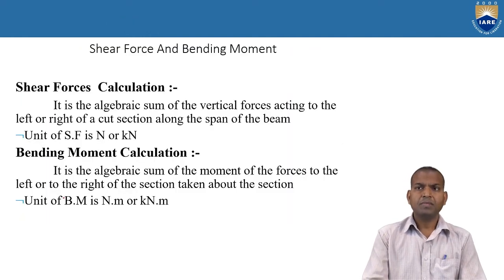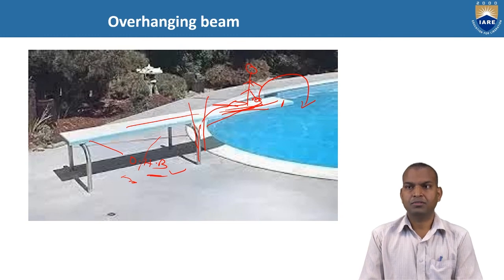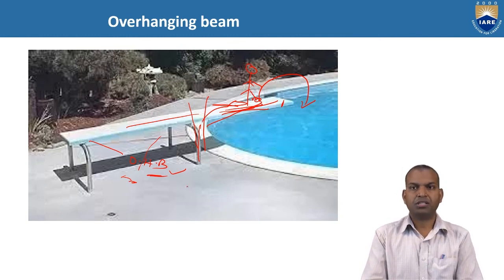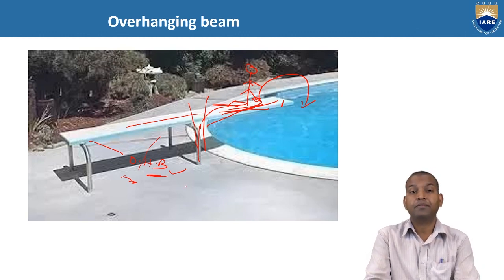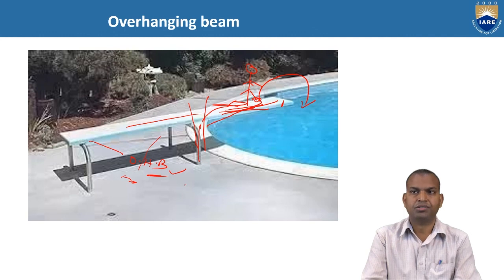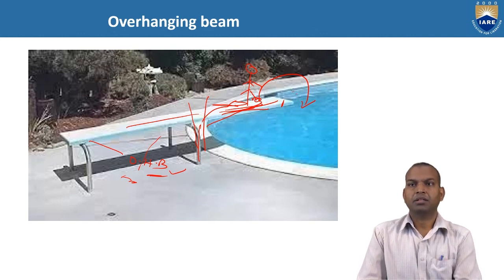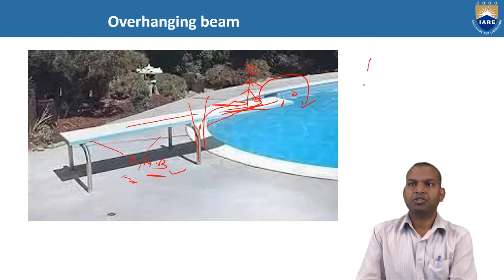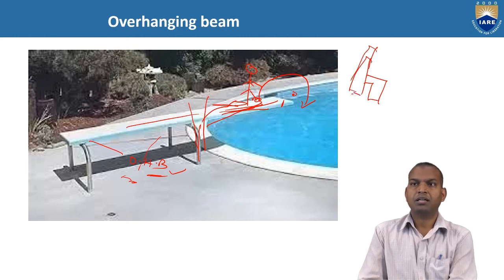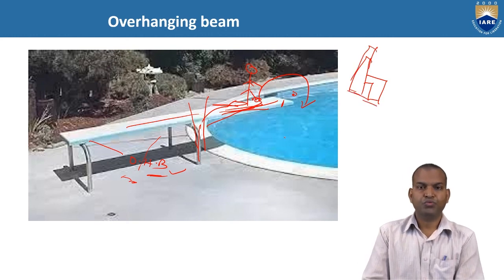Now, I want to explain further how real field applications relate to calculating shear force and bending moment. Suppose a person is sitting on a chair, what type of load do we have to consider? Whether it is point load, UDL or UVL.